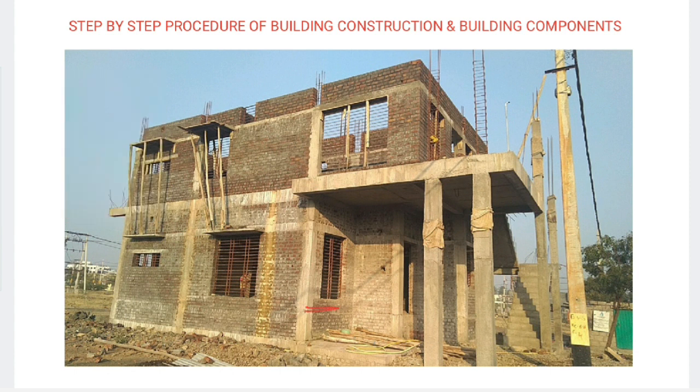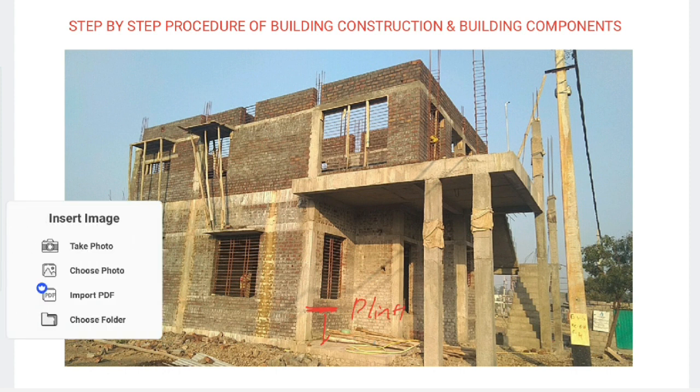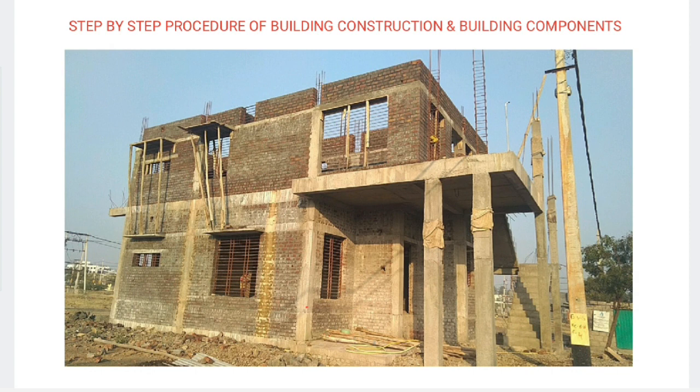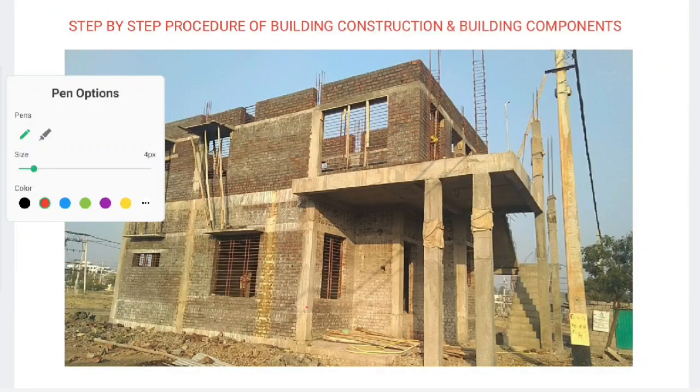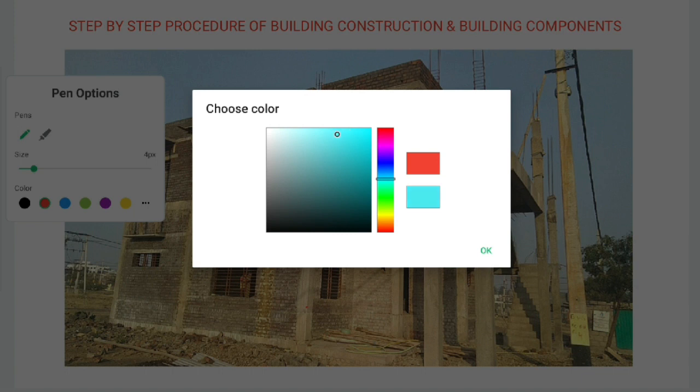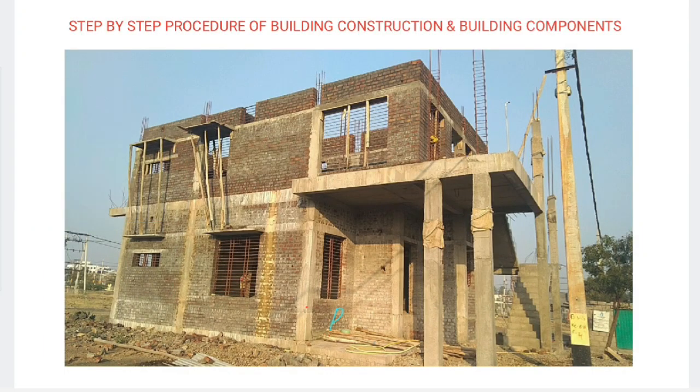We have discussed up to plinth level, and now that the plinth is completed, in the next video we will discuss the construction of masonry and superstructure, doors and windows, lintel and chajja, brick masonry above the lintel level, roof beams and slab, staircase, everything.